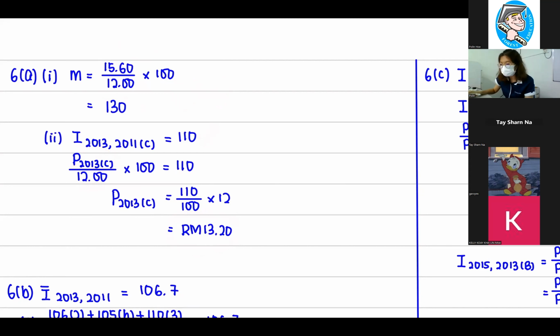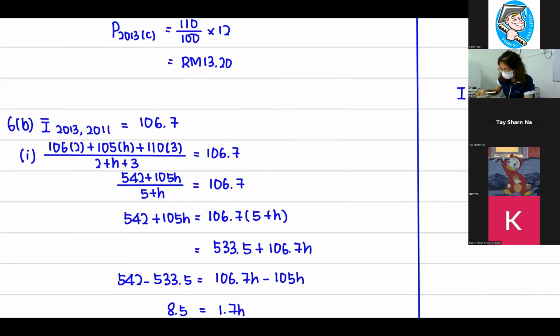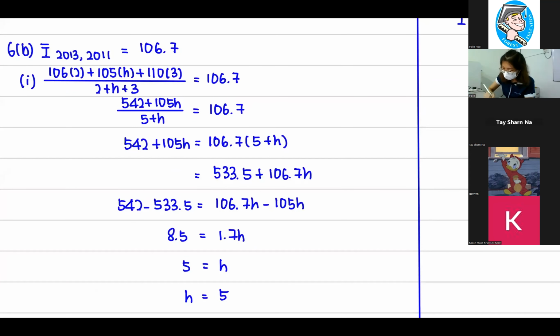But A is usually no problem, and B also no problem. What I want to say is the difficult part is the algebra. You are given that the composite index in 2013 based on 2011 is 106.7, in the ratio 2, H and 3.